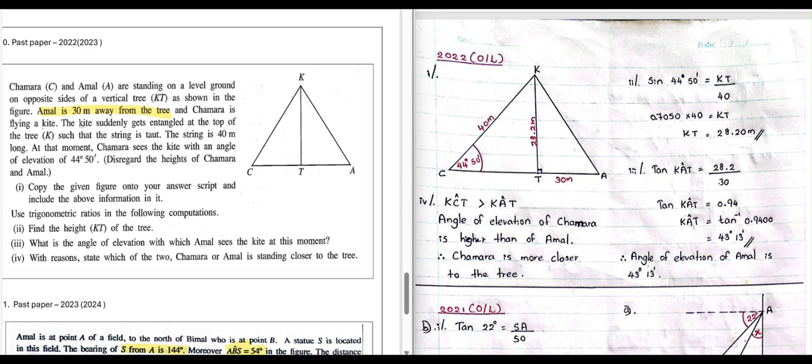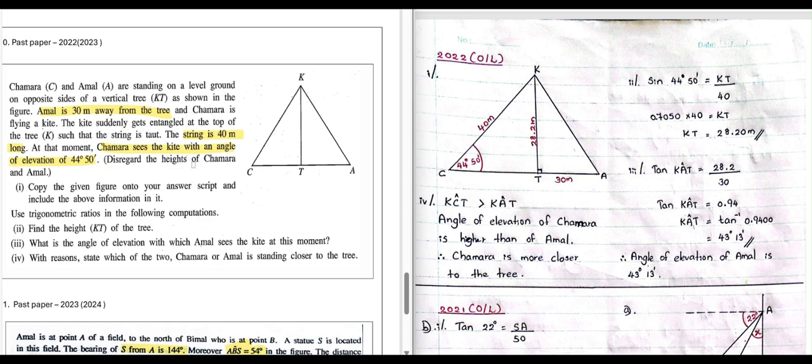Then the kite suddenly gets entangled at the top of the tree, such that the string is taut. The string is 40 meters long. At that moment, Chamar sees the kite at an angle of elevation of 44 degrees and 50 minutes. Disregarding the heights of Chamar and Amal.